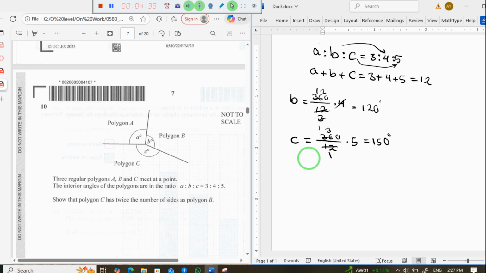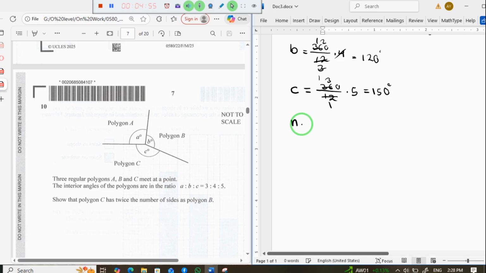Now we should prove that the number of sides of C is twice that of B. For this we use the formula: n multiplied by d is equal to (n minus 2) multiplied by 180, where n is the number of sides and d is the interior angle.